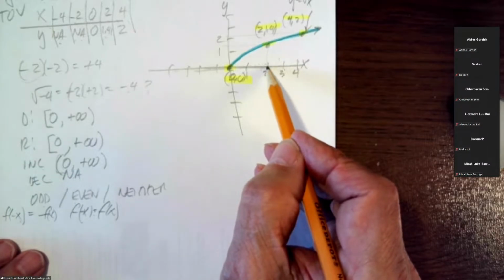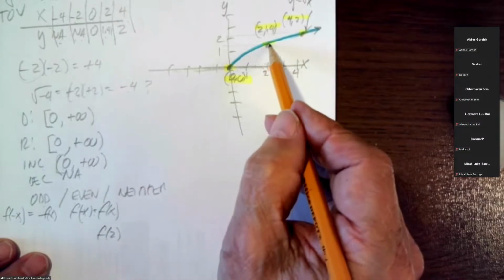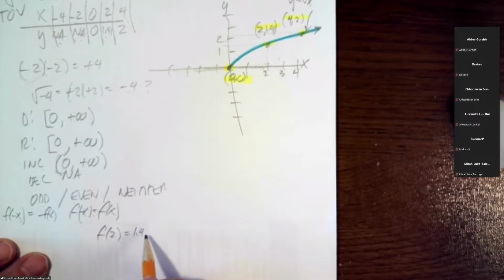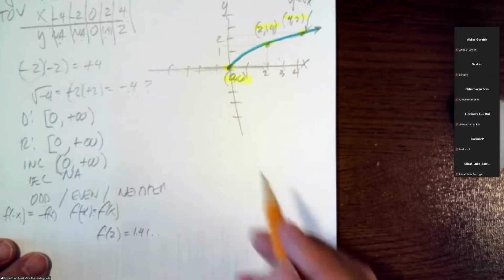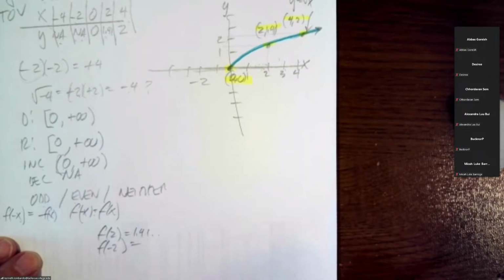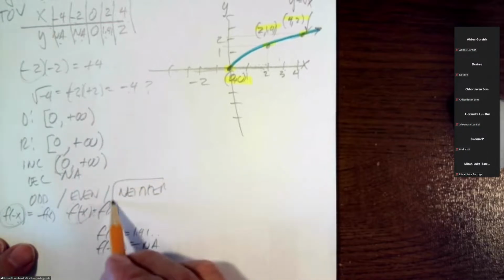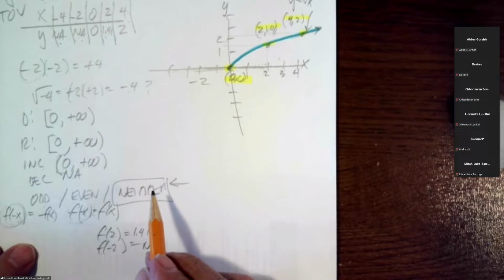F evaluated at 2 is going to be 1.41 and some decimals. How about f evaluated at negative 2? Doesn't exist, does it? So if we can't evaluate f at negative x, we can't say it's even or odd, can we? Because it doesn't exist. So we're going to call this neither. Okay, neither even nor odd.